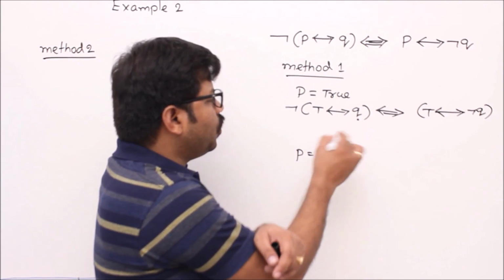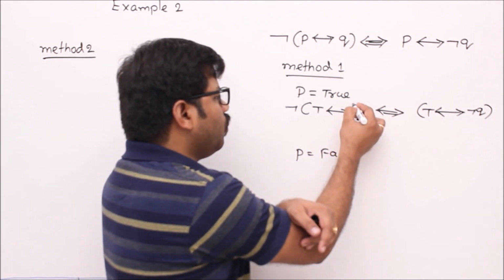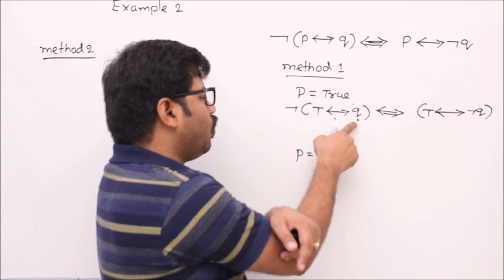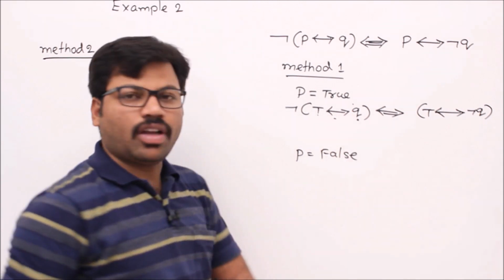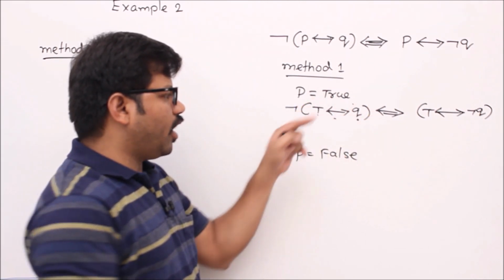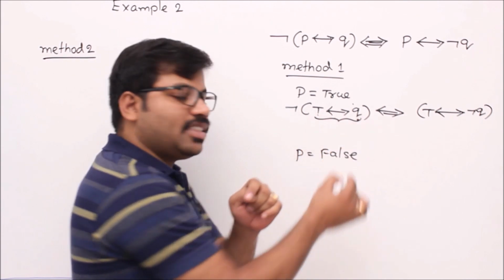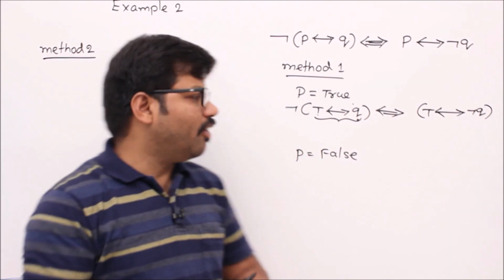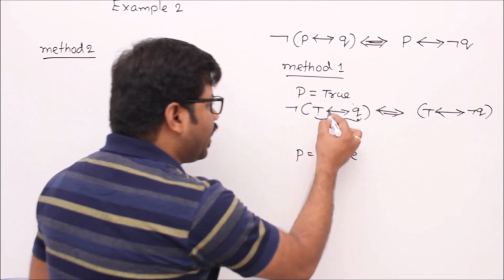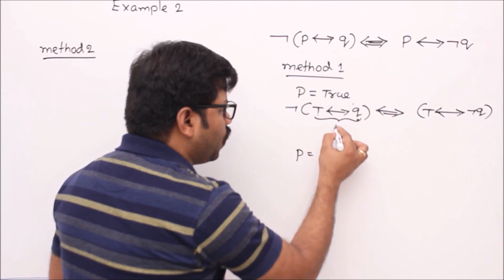When Q value true, true double implies true. And when Q value false, true double implies false, false. Can I say one thing? So the truth value of this entire formula is depending on Q, correct? When Q is true, overall true, Q is false, overall false. That's why I can replace this equation with Q.